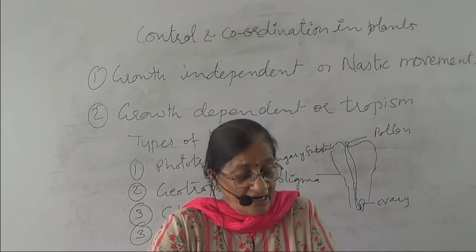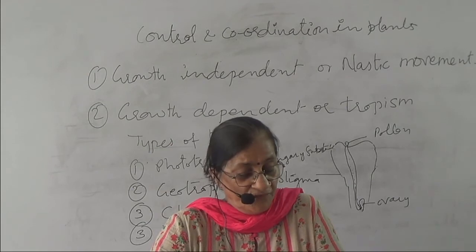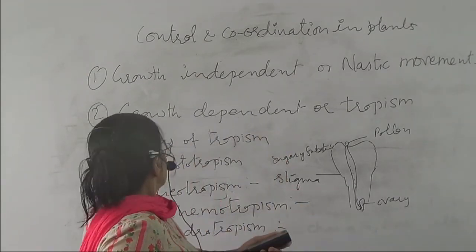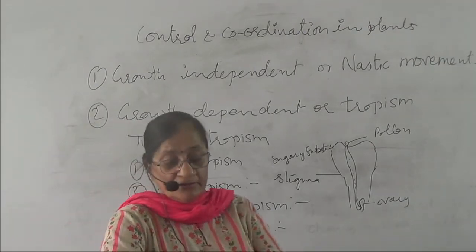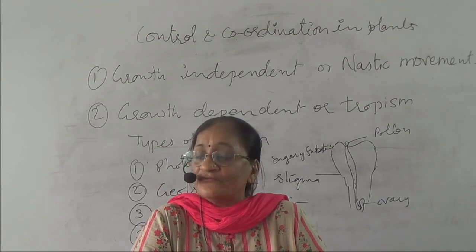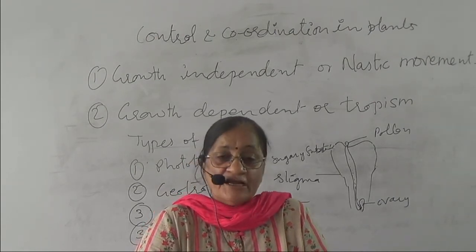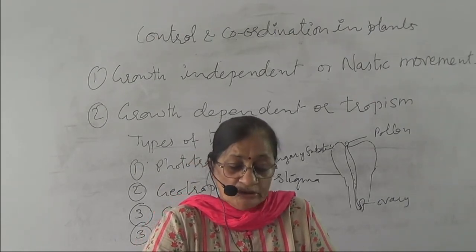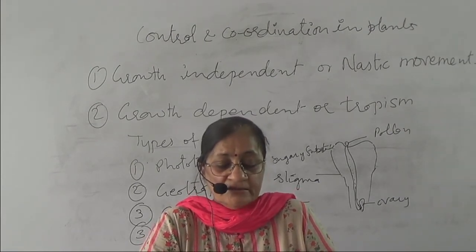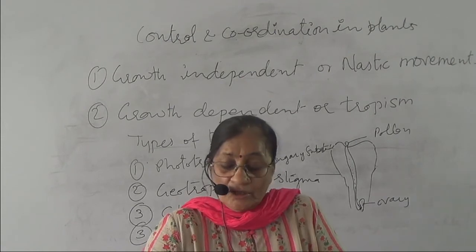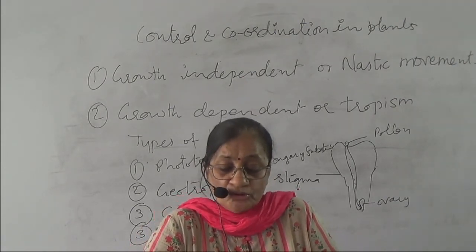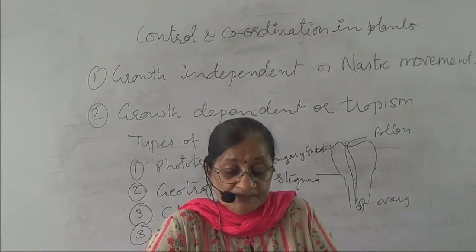So these are the parts of tropism, or the tropic movements, or the growth dependent movements. So in these all cases, we see these are related to the growth. Now in some cases, you must have seen directional movement of pea plant due to growth in response of touch.